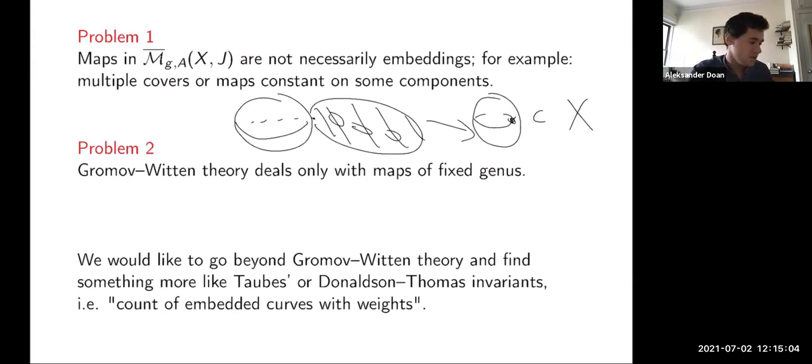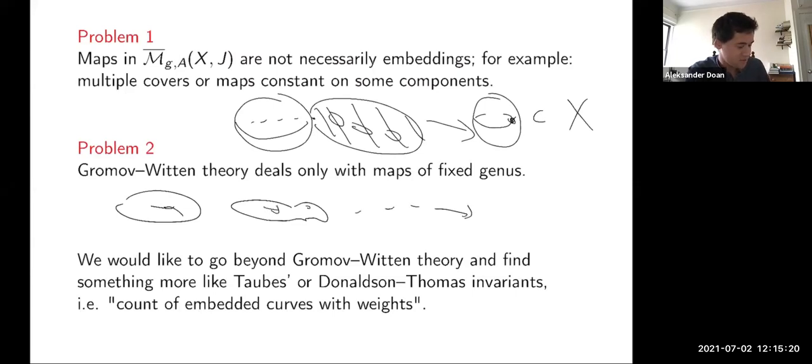So for example, Gromov-Witten theory does not exclude the possibility that you have a sequence of curves of higher and higher genus, and in some sense they concentrate to some other curve. So you can have higher and higher genus, and maybe they collapse to a curve of genus zero, which is very weird and probably doesn't happen. But using methods of Gromov-Witten theory, there is no way of excluding such weird behavior.